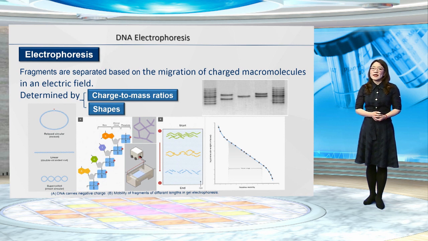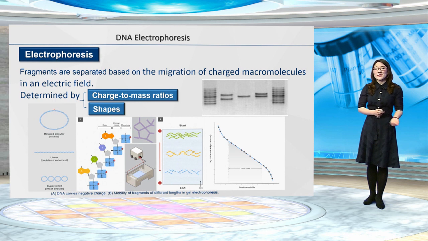Forensic DNA testing usually analyzes linear DNA, and the shapes of linear DNA are similar. Therefore, the separation of different sized DNA fragments is based more on the effects of a molecular sieve mechanism provided by the supporting matrix. It is obviously easier for smaller molecules to migrate than larger molecules.